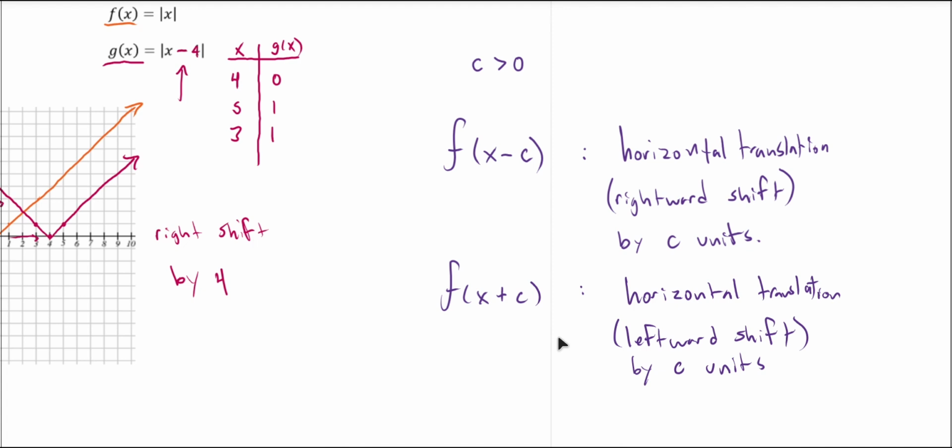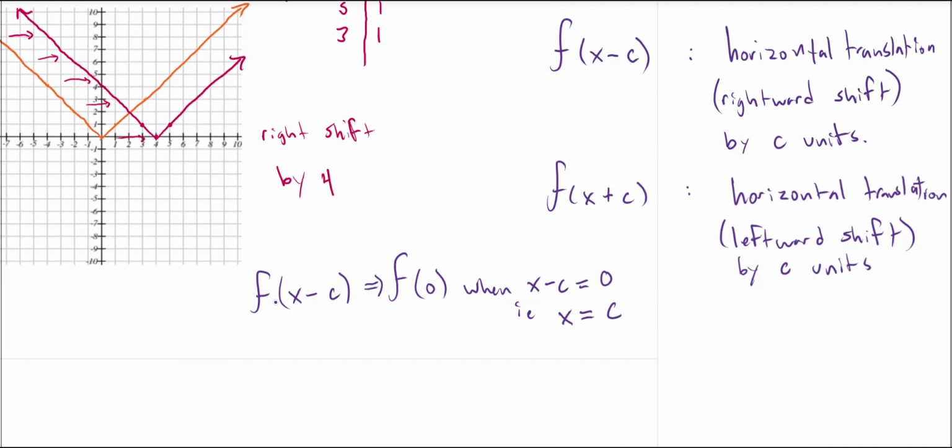Again, if this seems confusing, I encourage you to think about when we would get an argument of f of 0. In the case of x minus c, we wouldn't see f having an argument of 0 until x minus c was equal to 0, which would happen at x equals positive c. That's a rightward shift.